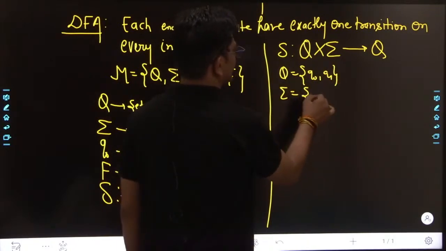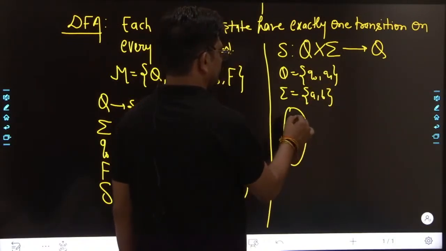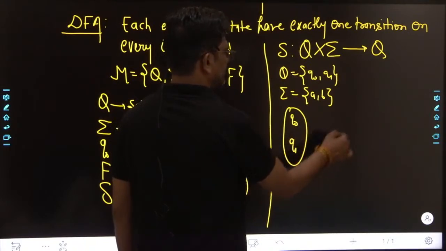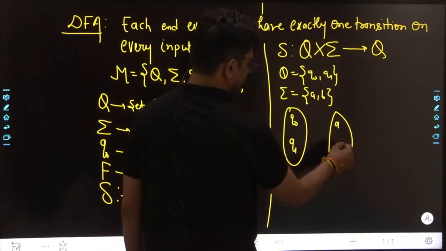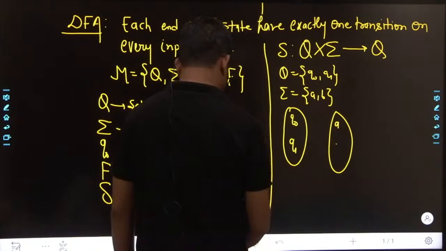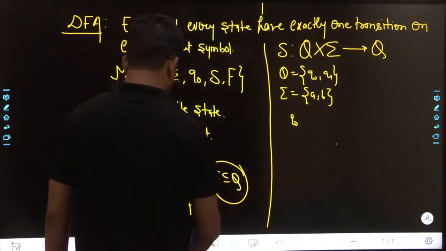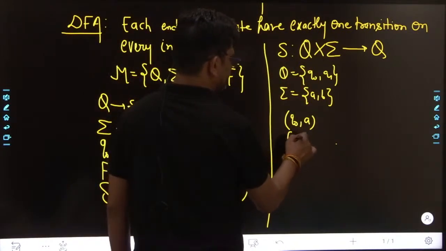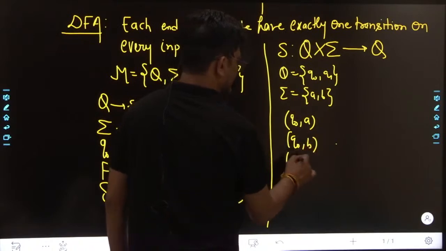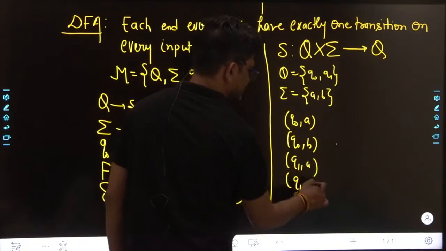Input alphabet is A and B. So we have these possible combinations: Q0 on A, Q0 on B, Q1 on A.